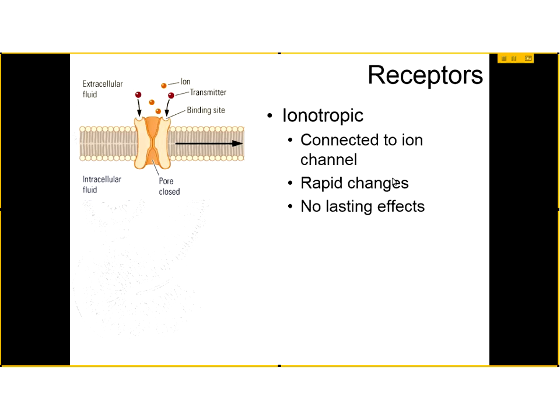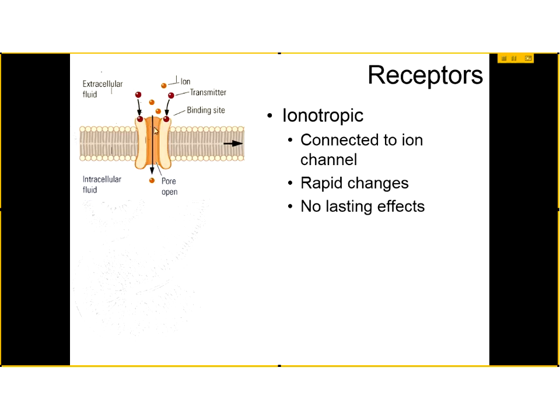We'll first talk about ionotropic receptors, and these are fairly straightforward, where a neurotransmitter will bind to a binding site, and that will cause an ion channel to open up. So as the neurotransmitter binds, all of a sudden you're going to allow certain ions to flow through the phospholipid bilayer.